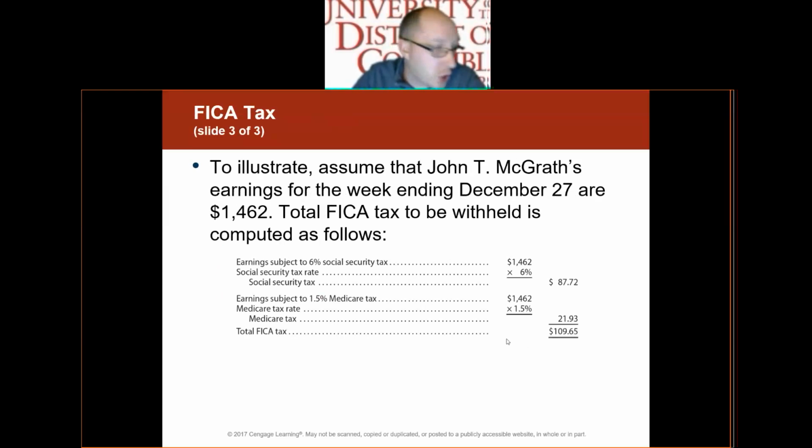Who can tell me, what is John's net pay? What's John's net pay based off of this example? Don't all answer at once. What do you think? Who wants to go? Lakeisha? Charles? Bertie? Looking at this example.